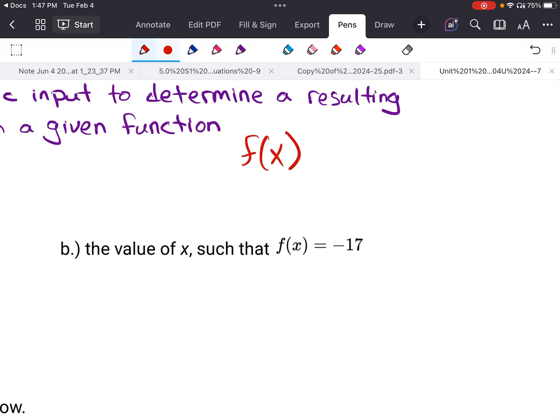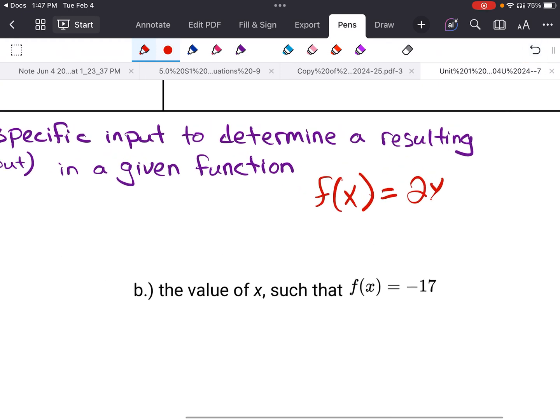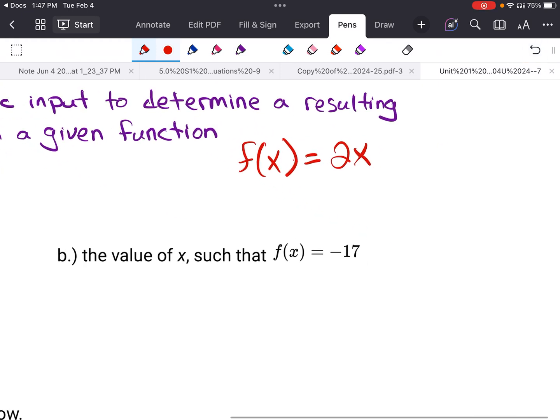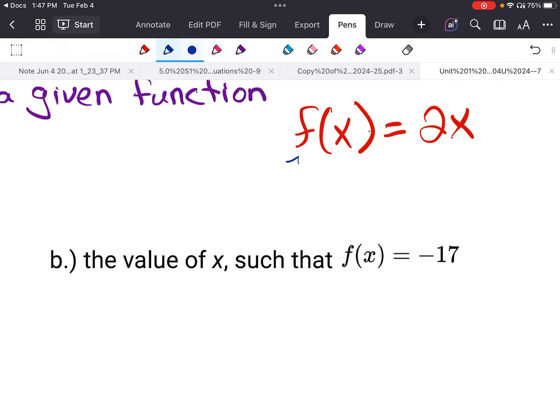So for an example, in the function f(x) equals 2x, what this tells us is f is the name of the function. The x, or whatever is in the bracket, is the input.